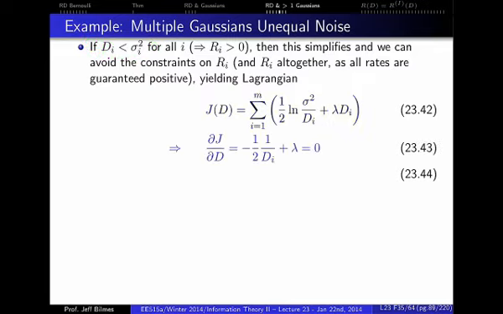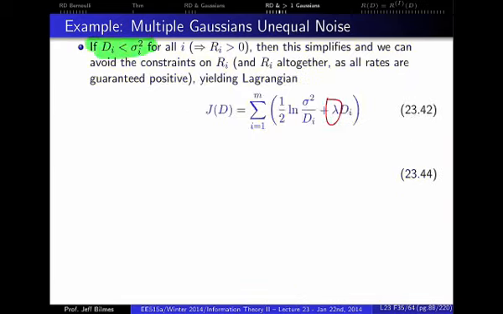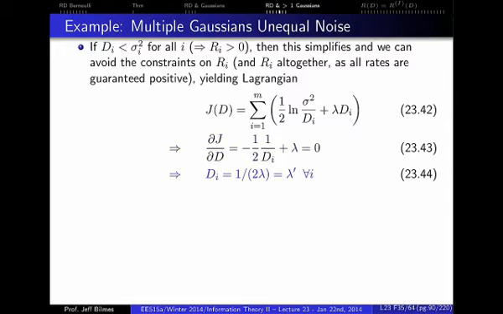By the way, I forgot to mention that everything is a convex optimization problem. It's a convex minimization problem. We've got strong duality and the KKT necessary conditions for optimality. So we've got all of those tools to help us yield the solution, so we can construct the Lagrangian, take the derivative, set it equal to 0, and what we end up getting is that D is equal to 1 over 2 lambda, but more importantly, D_i is equal to lambda prime for some constant. It's basically all of the D's are the same.